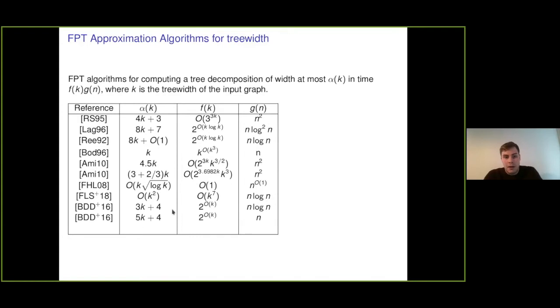They also gave a 3-approximation algorithm, but with n log n dependency on n. So far, you can see that this 3 is the best approximation ratio that is better than this exact algorithm. And in this talk, what I give is a 2-approximation algorithm that works in time single exponential in k and linear in n.